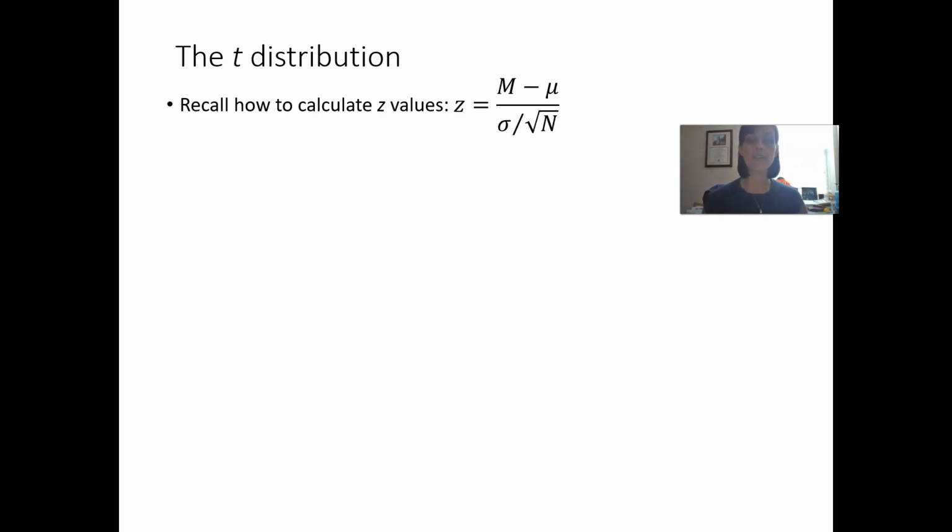So really quick, this is kind of a weird way to think about it, but here's a z-score. Remember that a z-score is a value minus the mean over the standard deviation. Now, when we talk about this in terms of a sampling distribution, it's our particular sample mean minus the mean of the population.